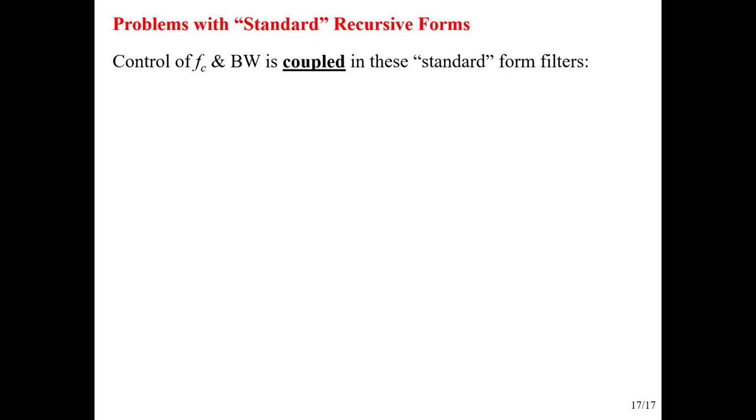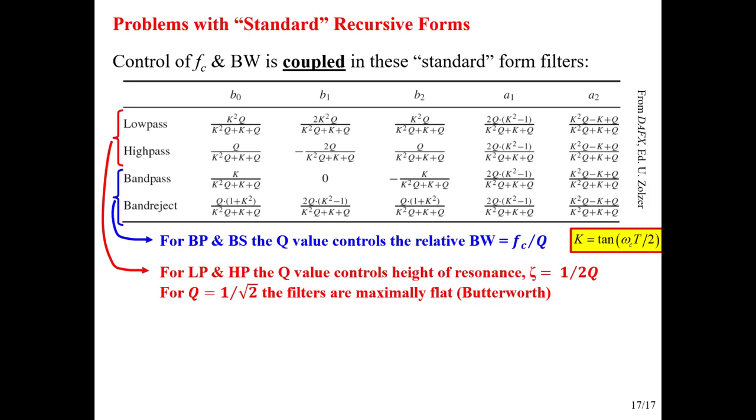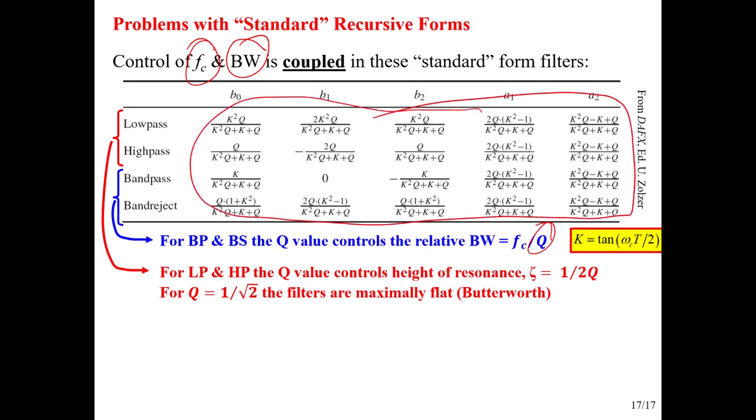Very, very nice. Now, as we said, these things are kind of messy, right? We see that the FC and the bandwidth, so bandwidth is related to Q, remember, they've got their fingerprints all over the coefficients.